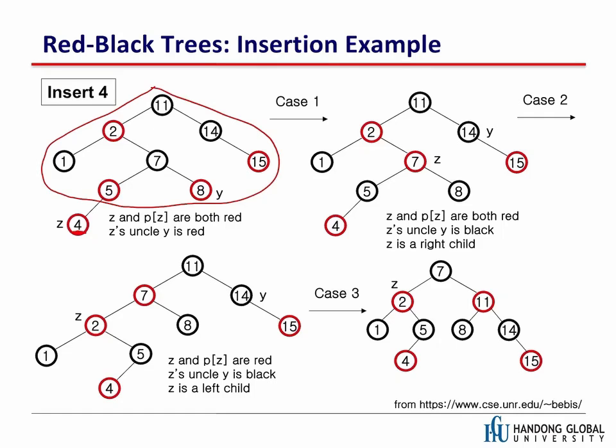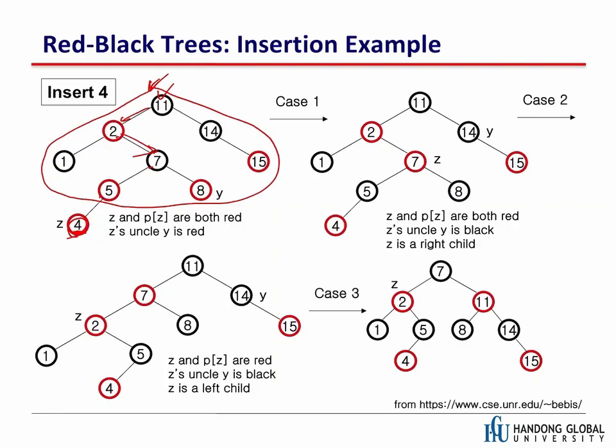So in this BST, when we insert 4, we just check the keys. 4 is smaller than 11, so we take the left direction, and 4 is larger than 2, so we go to this node, and then 4 is smaller than 7 and smaller than 5. Then we put node 4 here.